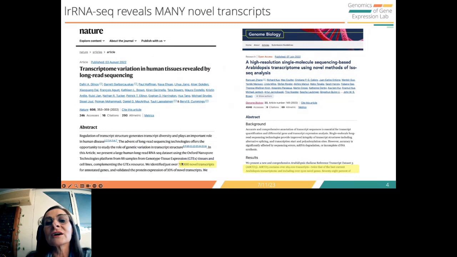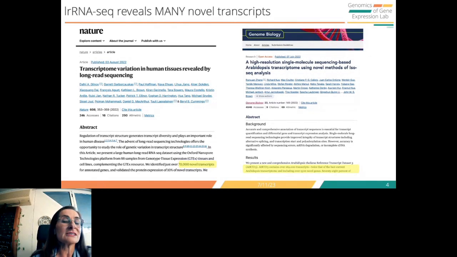While in this other work in Arabidopsis, which is also a model organism and has been annotated for quite some time, using PacBio sequencing the authors were able to identify 170,000 novel transcripts. It's like these technologies are revealing a diversity and complexity of the transcriptome that we had not seen before.